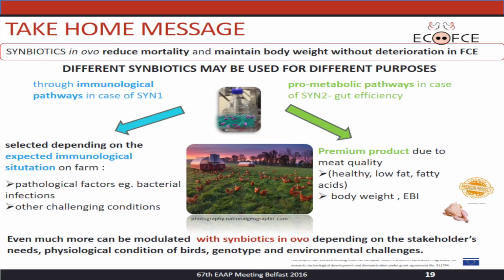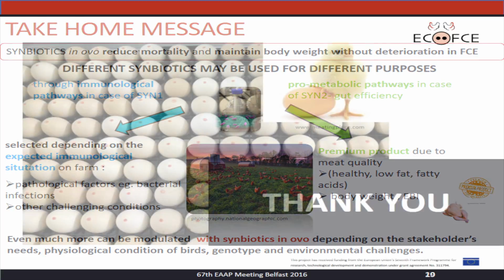So if we want to stimulate more the immune side of the organism, we definitely should use symbiotic 1. If the goal is to obtain, for example, a premium product and to improve the meat quality or the body weight, then symbiotic 2 should be the symbiotic of choice.